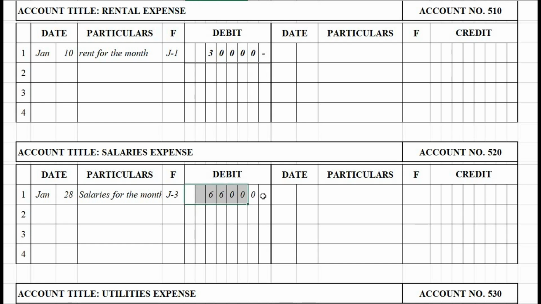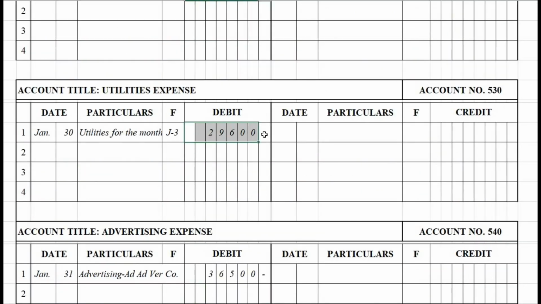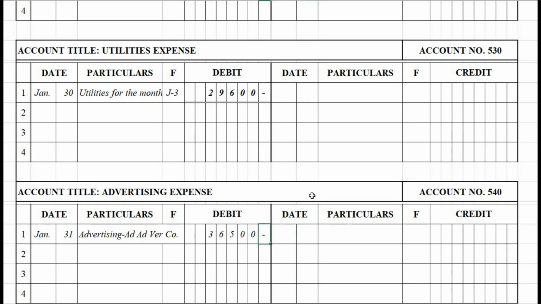As well as your salaries expense, bold, and then double rule. Then your utilities expense, the same. And lastly, your advertising expense.